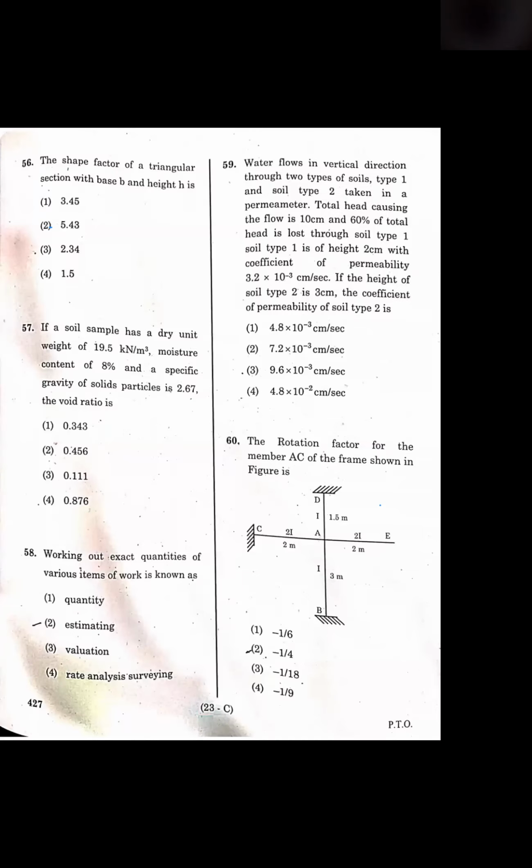The shape factor for rectangular section with base B and height H is, I guess, 2.34.